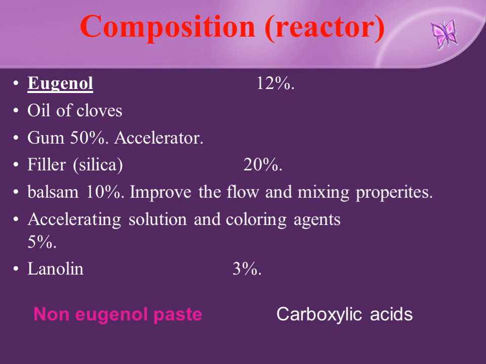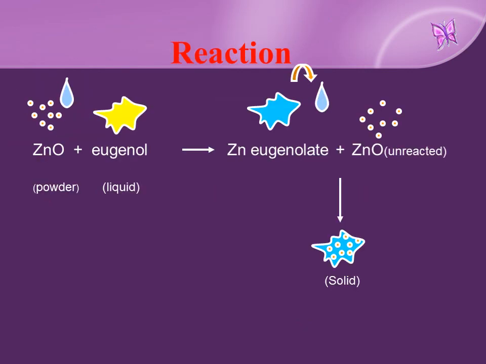Non-eugenol paste contains carboxylic acids. The chemical reaction: zinc oxide powder mixed with eugenol liquid results in zinc eugenolate and unreacted zinc oxide.